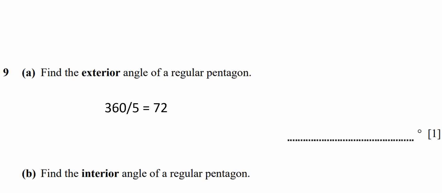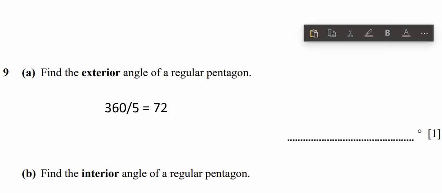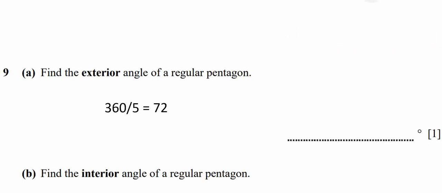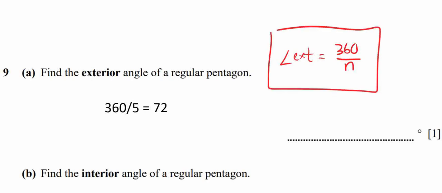We have the formula to get the exterior angle: exterior angle of any polygon is 360 over n, the number of sides of that polygon. Now since we have a pentagon, n is 5, so 360 divided by 5 is 72. That will be the answer for the exterior angle of the polygon.